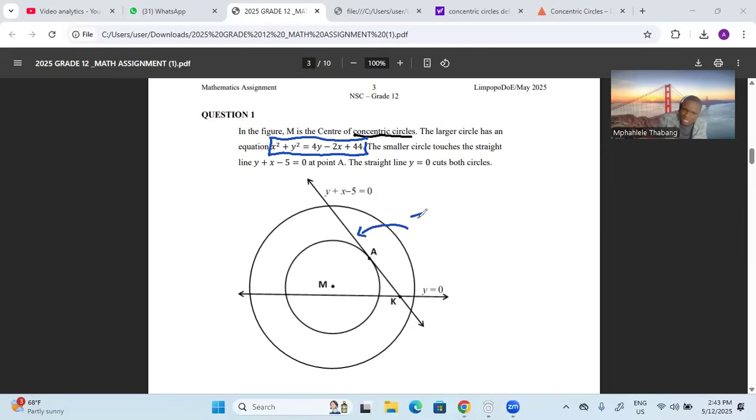We say this straight line is tangent to the small circle.